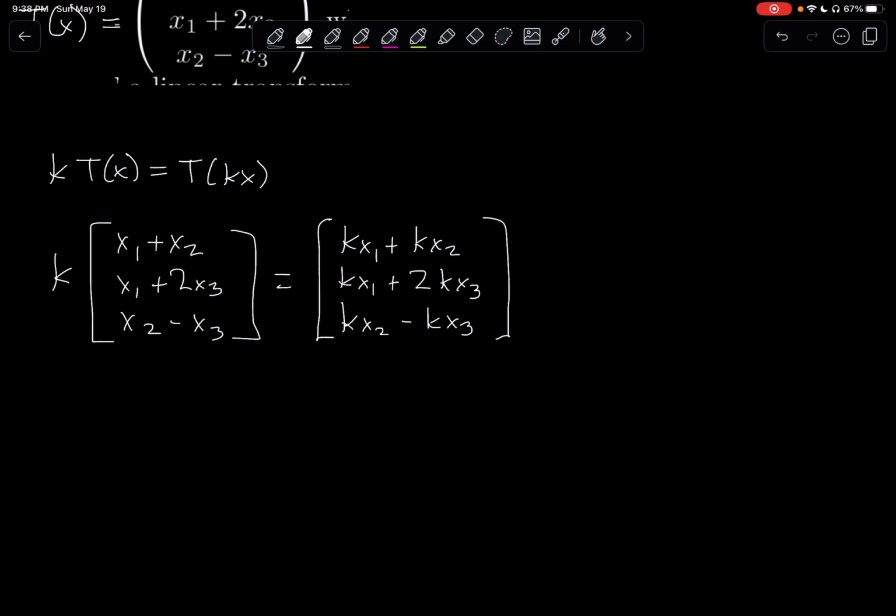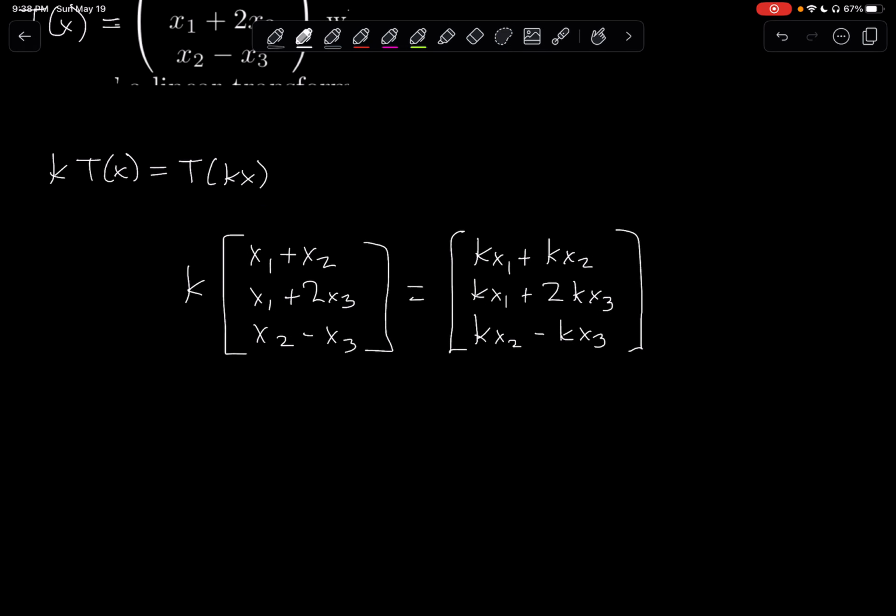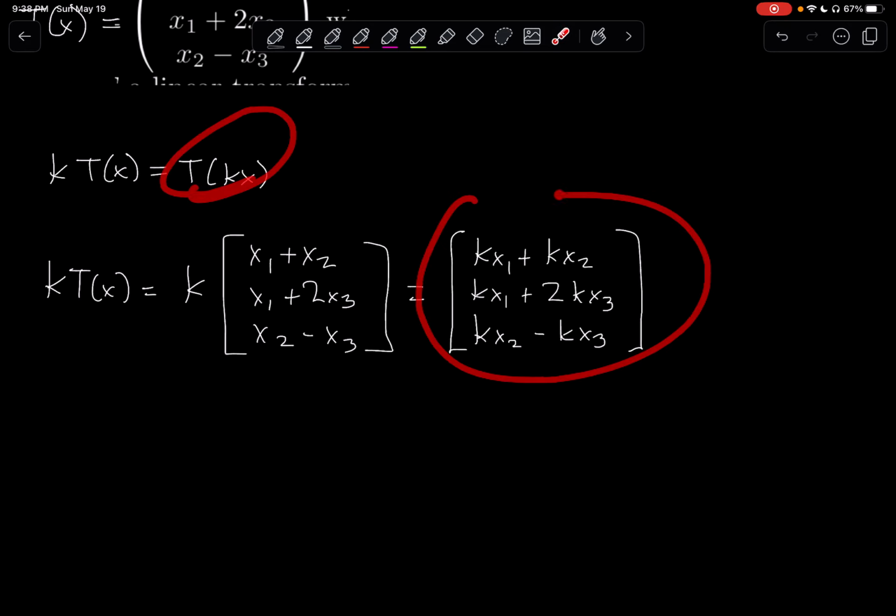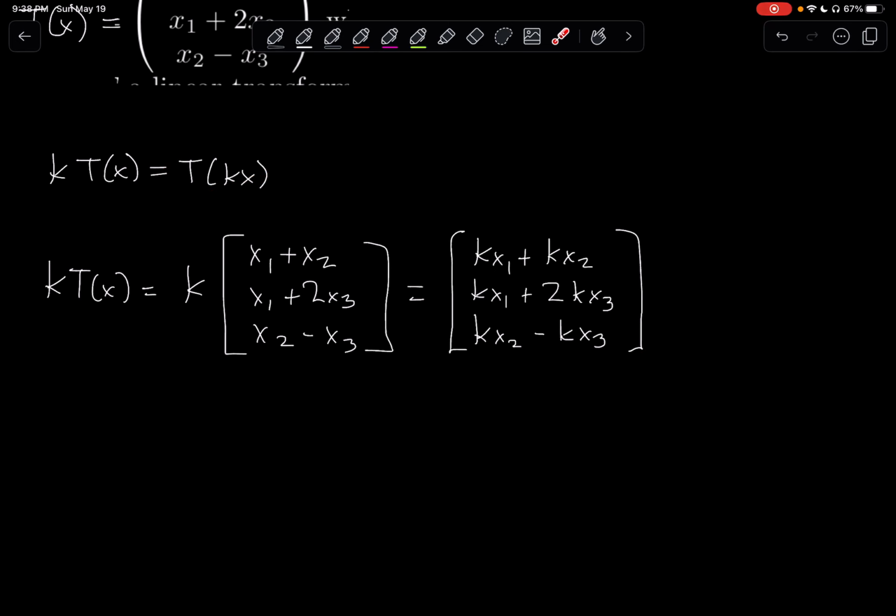Okay, that's what you get out of this. And that was this left-hand side here. So basically, for notation's sake, I'll say that this is k T of x, right? That's what the left-hand side is equal to. Now, if I can go ahead and compute the right side and get this, then I know that T is linear, right? So let's go ahead and compute that. So what exactly is kx?